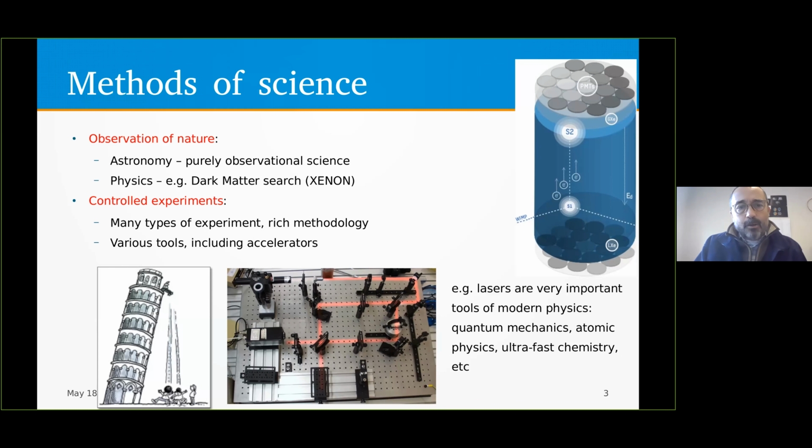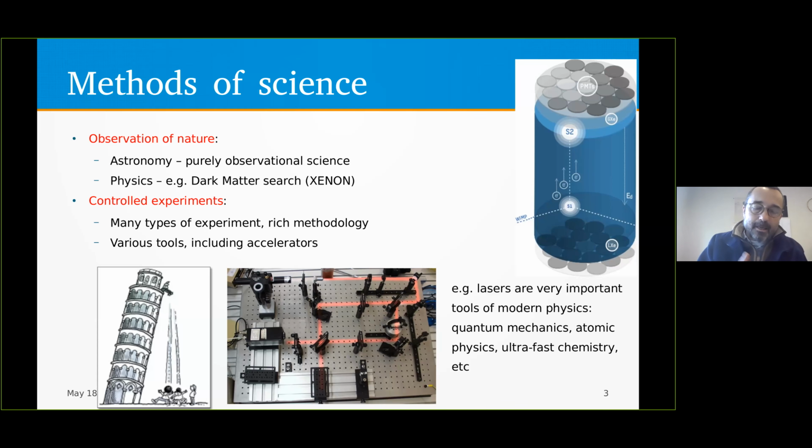Well, but coming back to experiments, we have many different types of experiments. The methodology of experiments is very rich, and we have various tools. And some of these tools are more important, some less important. For instance, very important tool is laser. It's a device that was discovered or constructed in 1950s, and since then is a very important tool basically in almost all experiments.